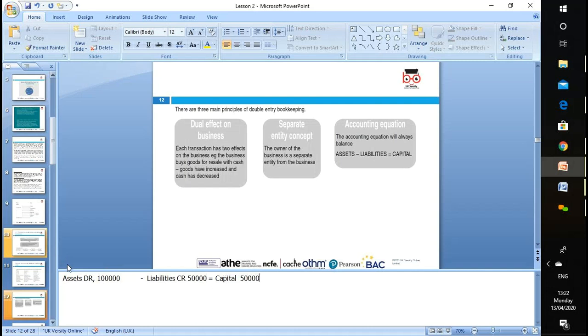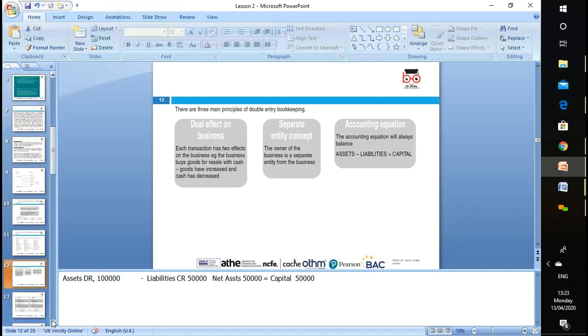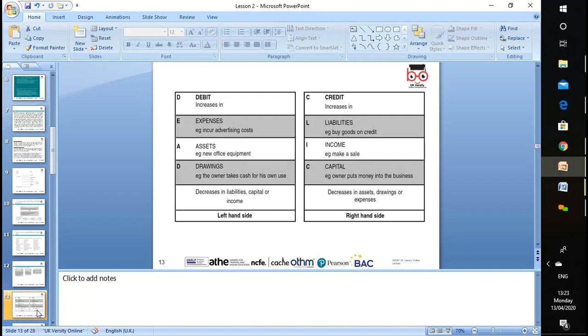That's your net asset, and the net asset figure is 50,000, which is equal to 50,000. So that's the way we can calculate the accounting equation. Debit side should be equal to my credit side. So my debit side is this and my credit side is this. That means debit and credit, which we'll go through in the next slide.